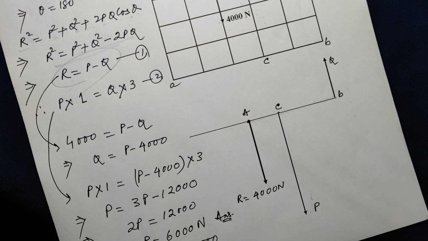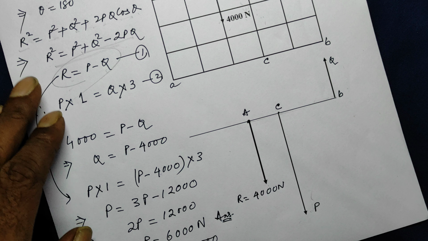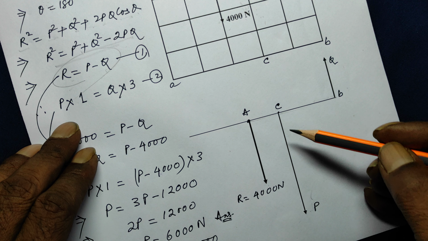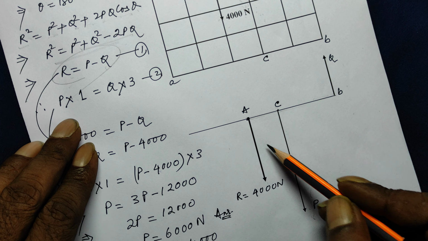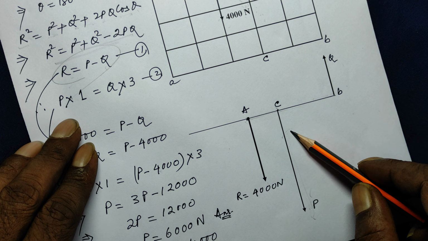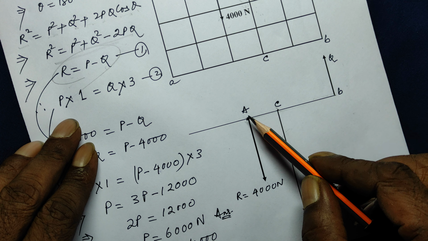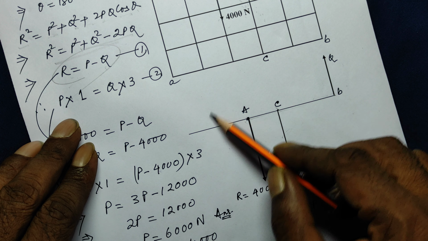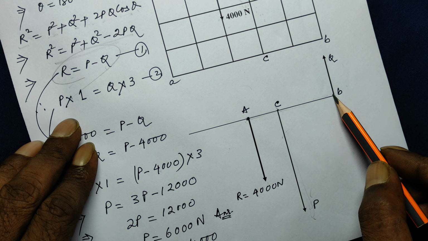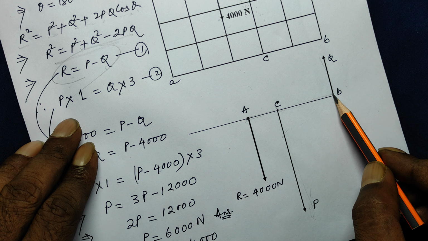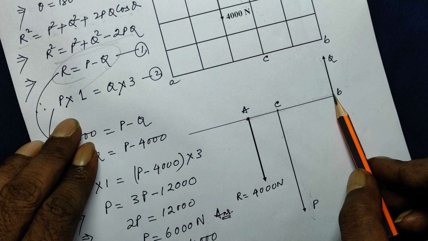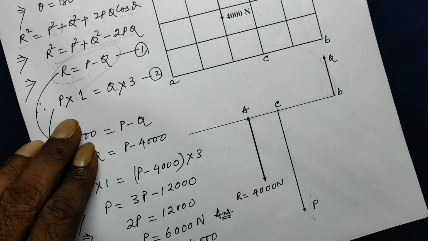And therefore P times 1 will have a turning effect about the point A, that is clockwise, and Q times this, from here to here 3 units, will have a turning effect anticlockwise.